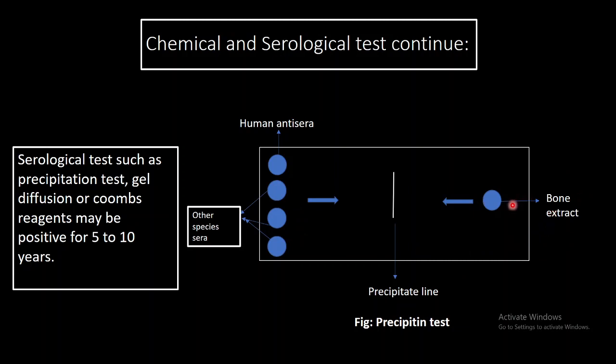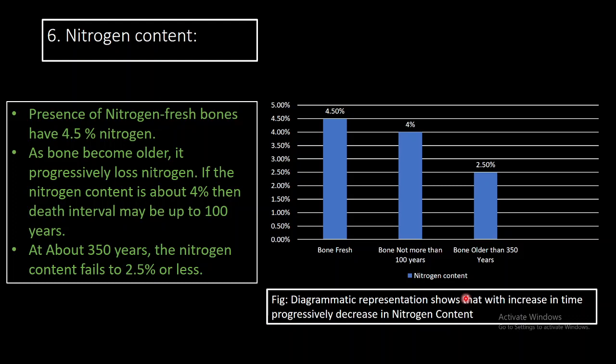We can prepare the bone extract and put it into a well, and towards the opposite well we put the other species' sera. When the precipitant line comes, we can say that the particular bone extract is of that species, whether human or animal.